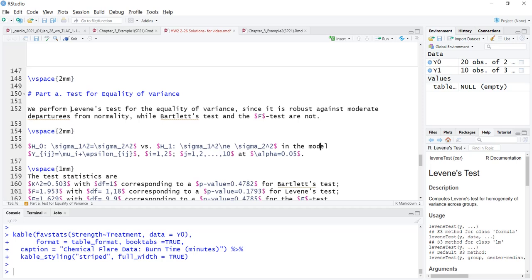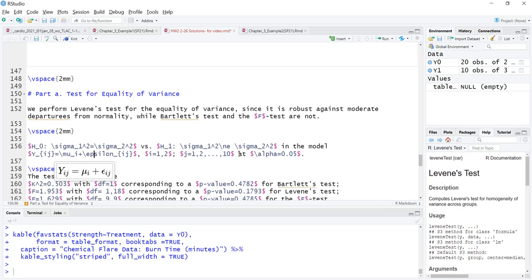Then I'm going to put my hypothesis statement. I've got H naught: sigma 1 squared equals sigma 2 squared. That's what I want. Versus sigma 1 squared is not equal to sigma 2 squared, in the model Yij equals mu i plus epsilon ij, the means model, and that's fine. i equals 1 to 2 and j equals 1 to 10.